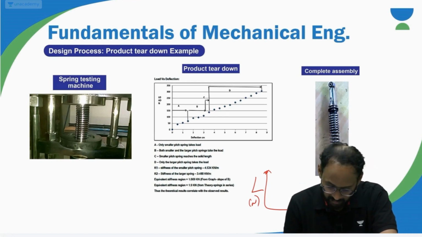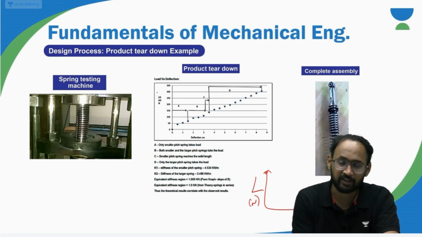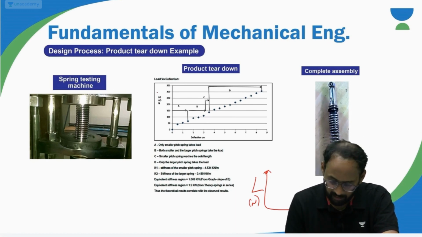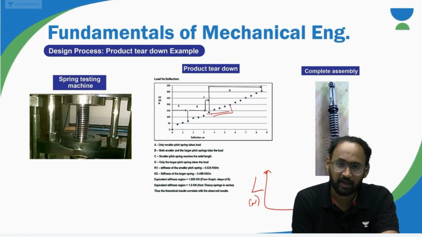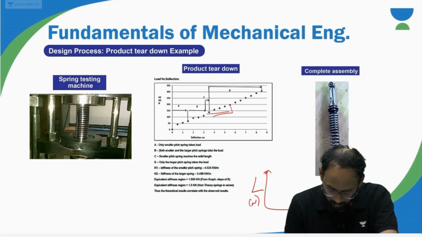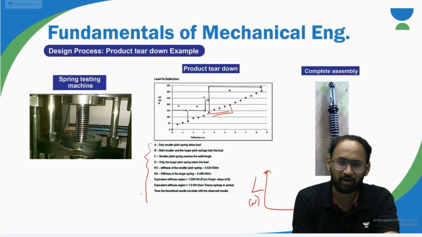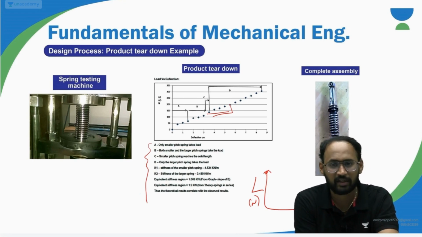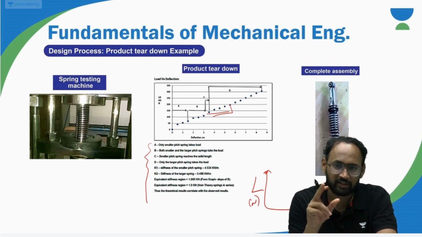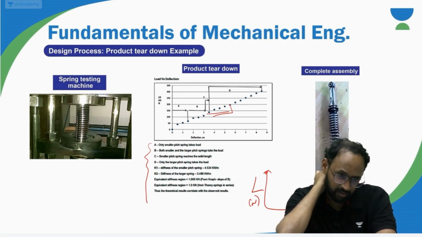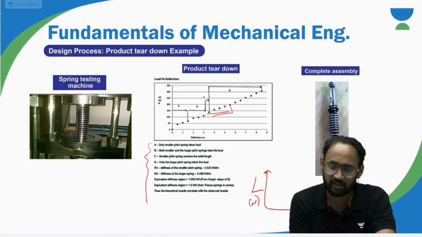Whatever I showed in the previous slide, that is the load and deflection table, I've just plotted it, and the slope of it gives me the spring constant. I think all this text is not very important, but the critical thing is to understand that you break down the product, you do the testing, and get the product constants, functionality, and so on and so forth.